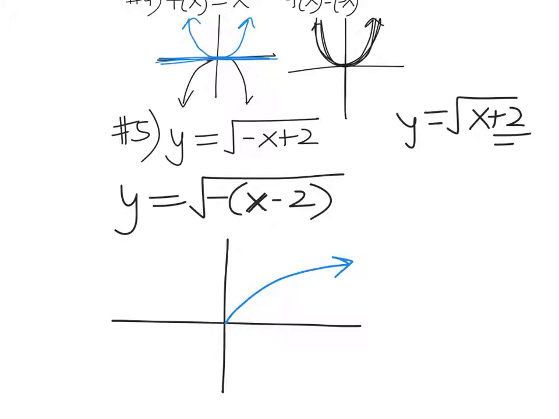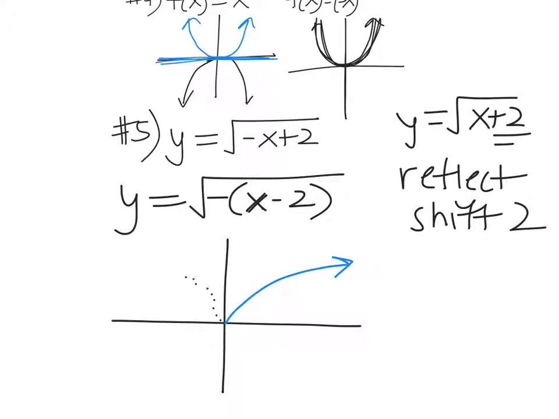If you're going to do it this way right here, you need to reflect first and then shift 2. So if I reflect first, here I am, reflecting. I'll dash it because these don't work. And then I'm going to shift 2 to the right. 1, 2. So here's my graph right there.